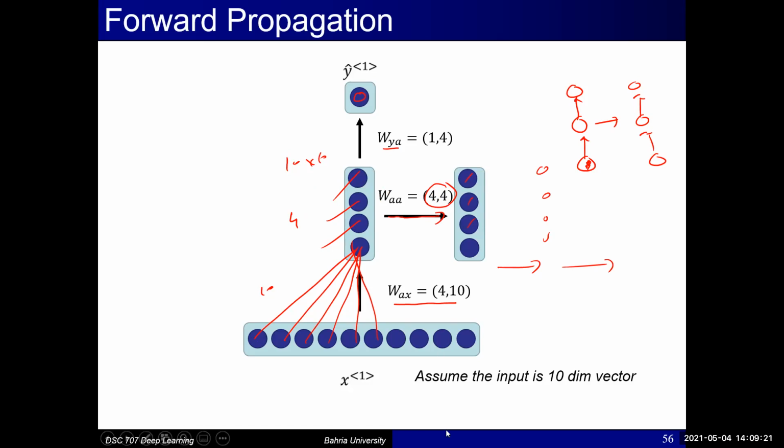Now maybe I'll write some expressions so that you understand them easily, rather than directly showing them to you on the slide. I'll write very slowly, stepwise. When we are computing AT, what are we doing? We are multiplying the previous hidden state, AT minus 1, with some weight matrix.